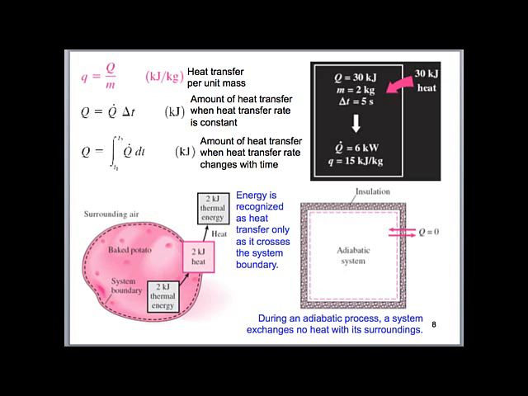Isothermal means there is no temperature change. So the system may be at one temperature and the surroundings may be at another temperature. If they are at different temperatures, we'll have heat transfer. Or if it's not insulated, we'll have heat transfer.